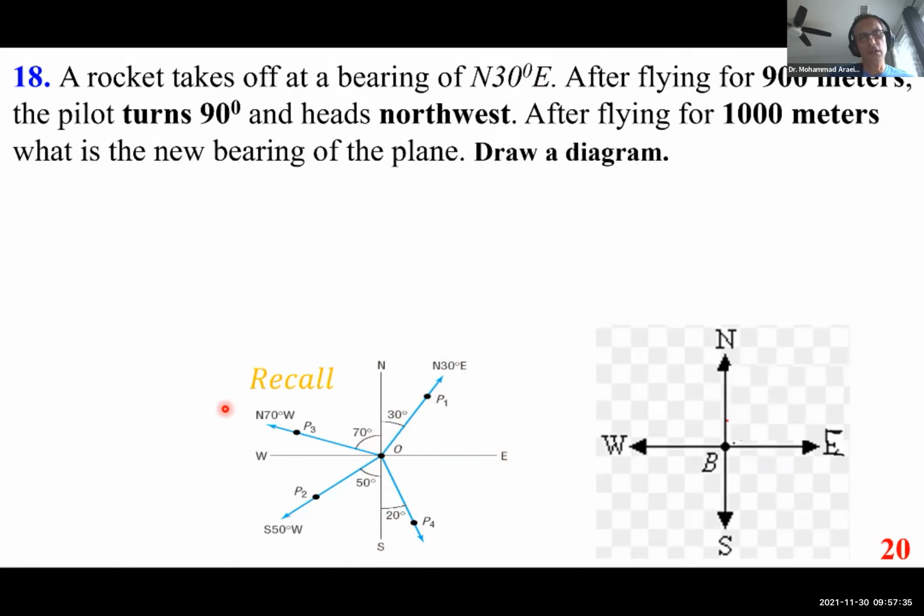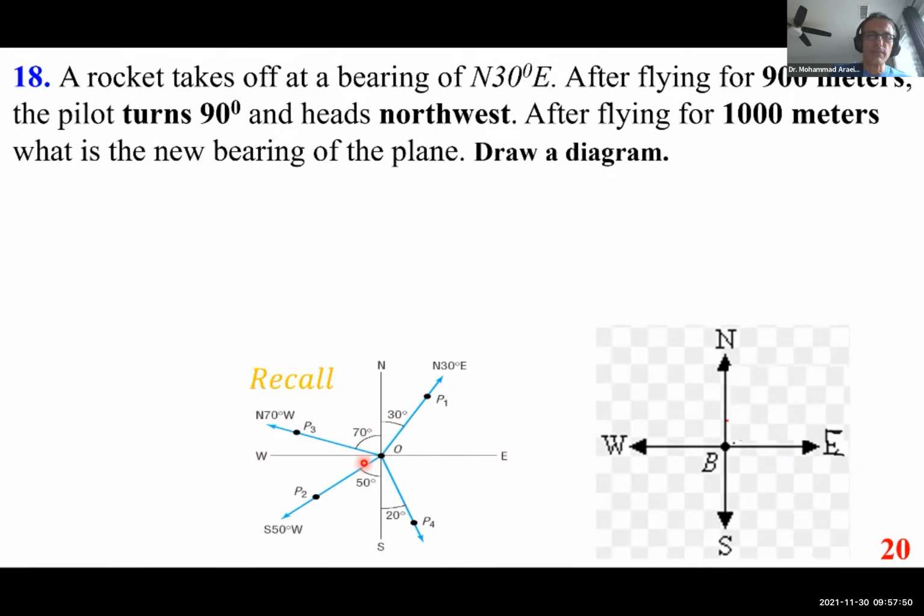If we look at this one, this angle is 70. So we first write north, then we write west, and in between goes the angle, which is 70 degrees.